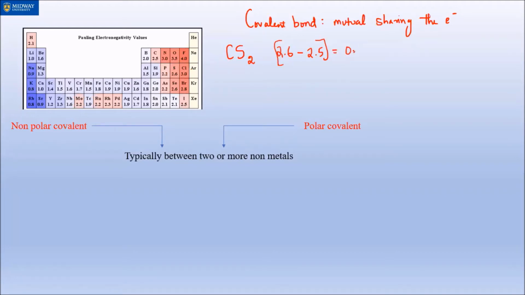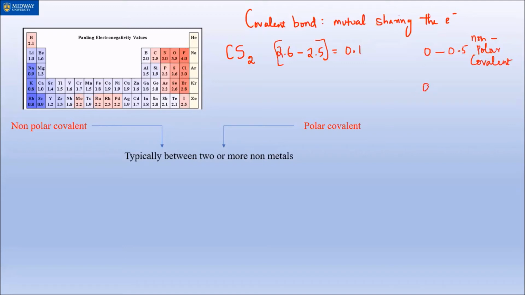So it's 0.1. Now, this is something you do have to remember that I won't provide to you on the test. If the value difference is 0 to 0.5, it's non-polar covalent, okay?